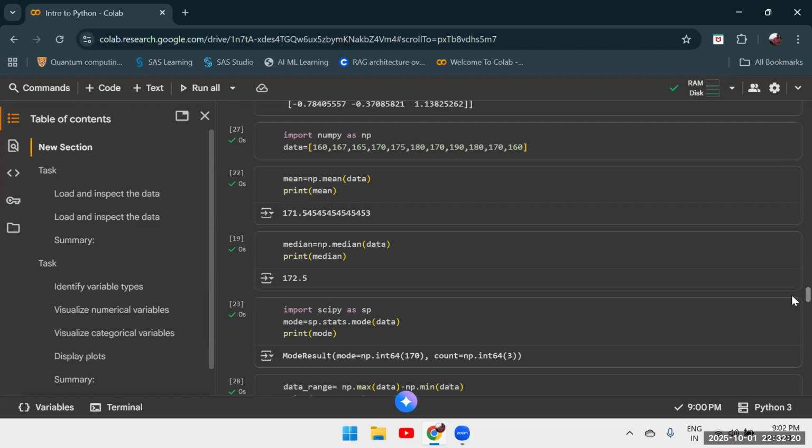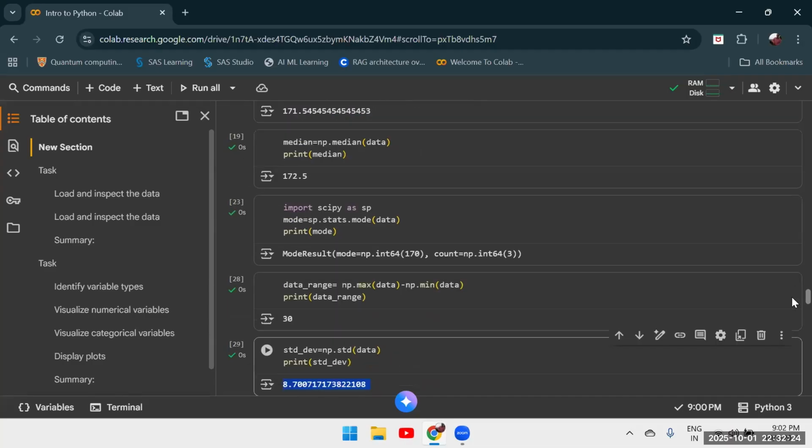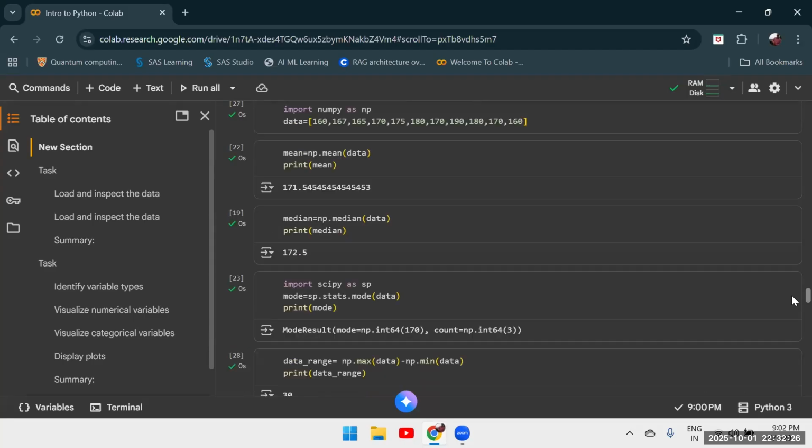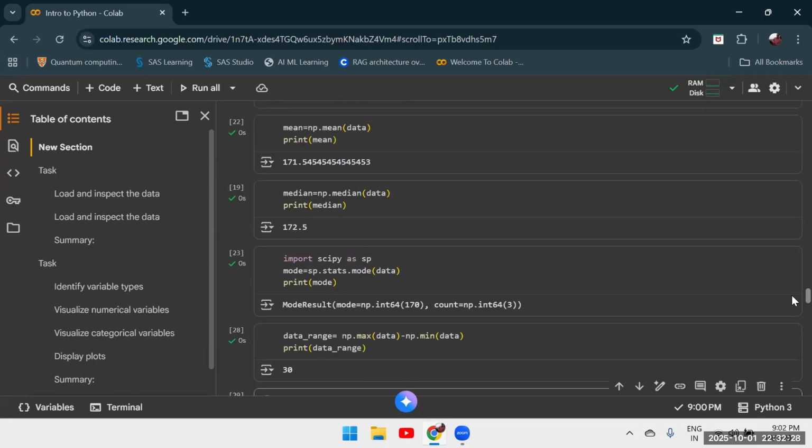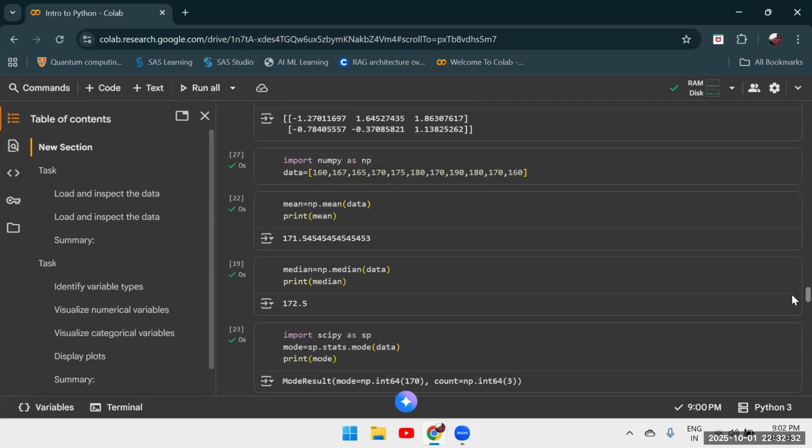My mean is 171, so the maximum it goes up to is 180, and 190 is very low. 190 is one record only. The rest, if you see, is at most about 8.7 more than the mean.